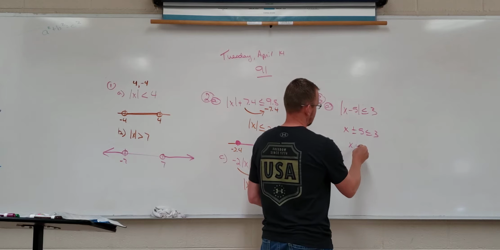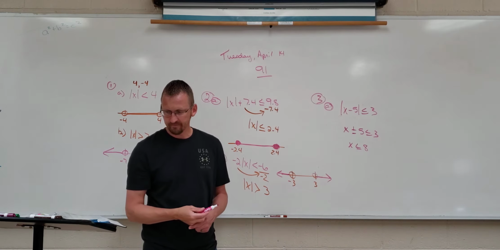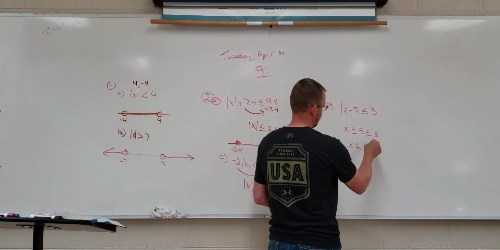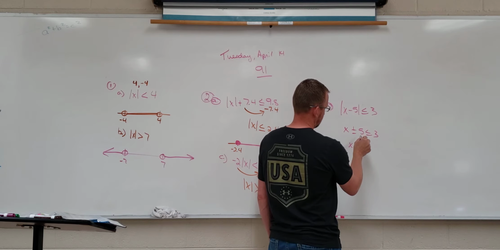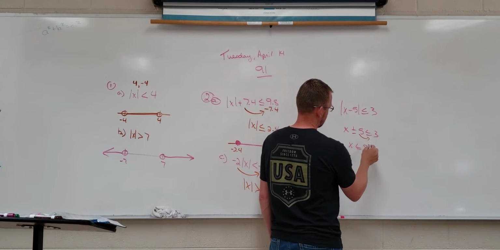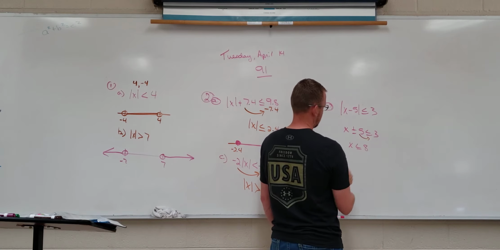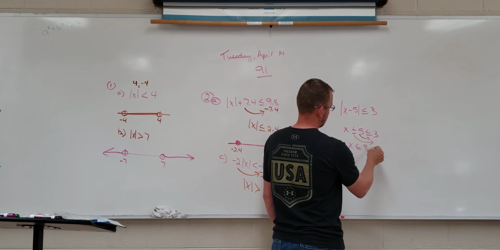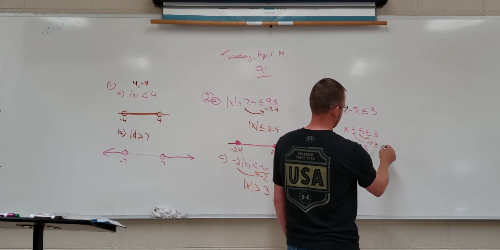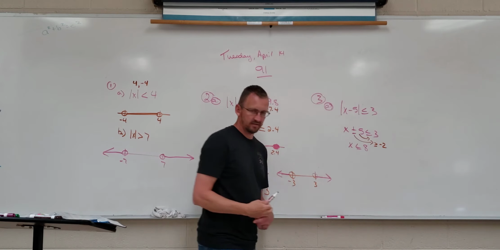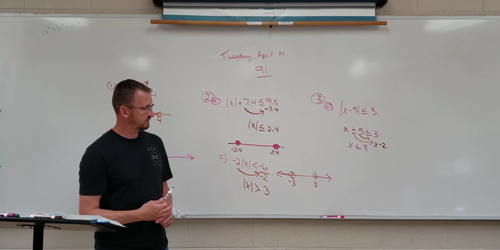So we can say x is less than or equal to 8. In terms of if we take our plus across, and if we take the negative across, then it flips that sign, and 3 minus 5 is a negative 2.